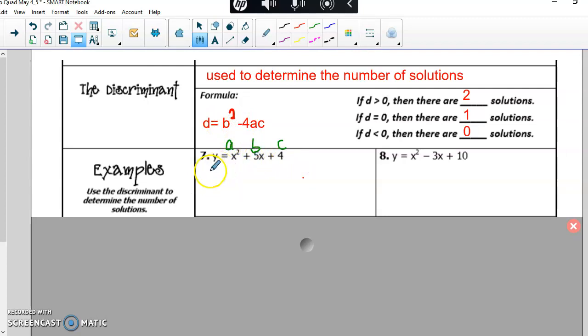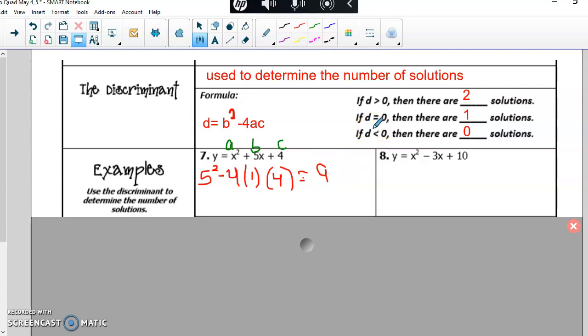My B is a 5, so I'm going to do 5 squared minus 4 times my A value. It looks invisible, but remember that number 1 is still there, times my 1, and my C is a 4. So I'm going to use my order of operations and plug this into my calculator. I'm going to have 25 minus 16, which is going to give me 9.